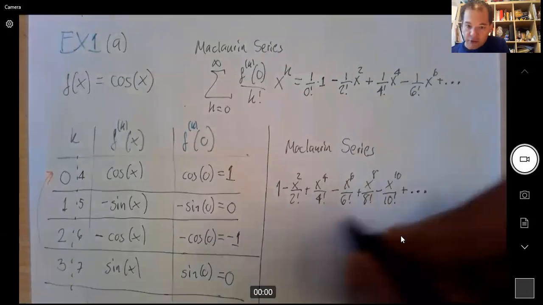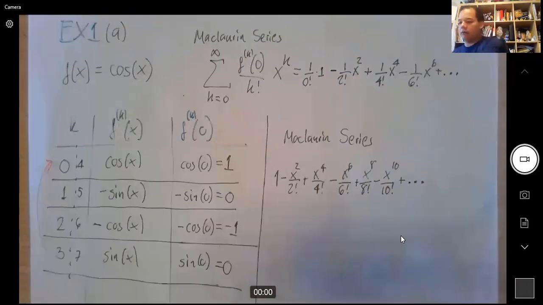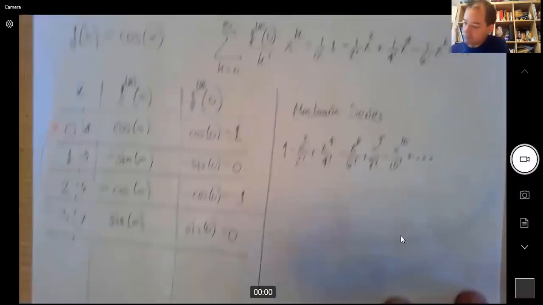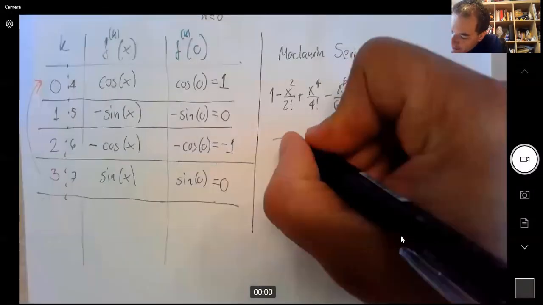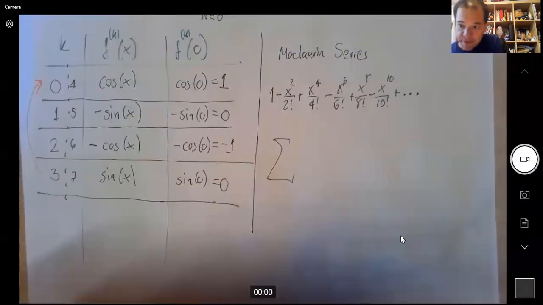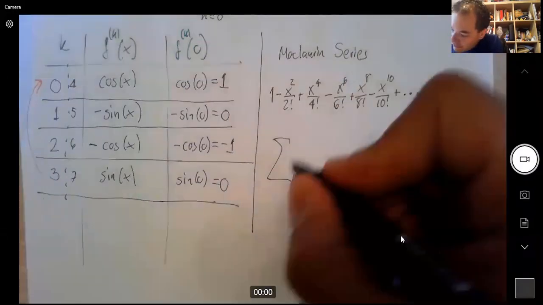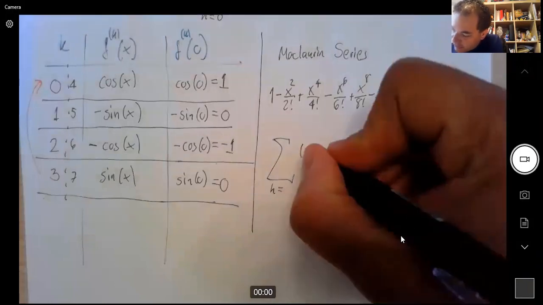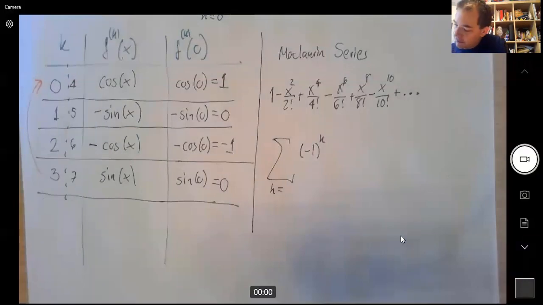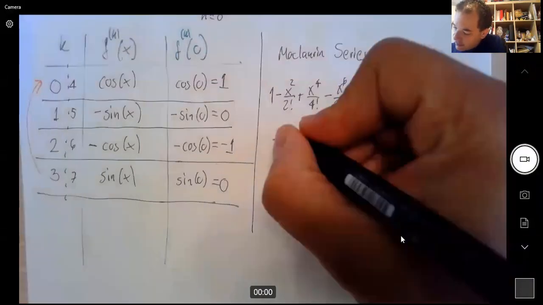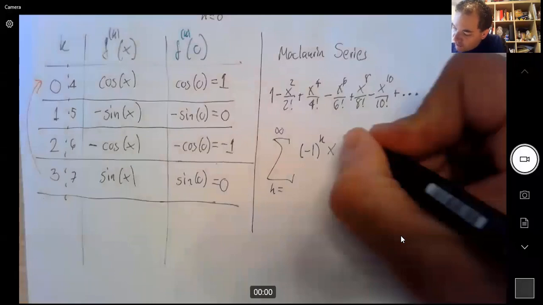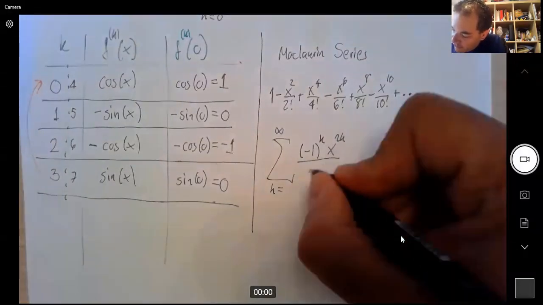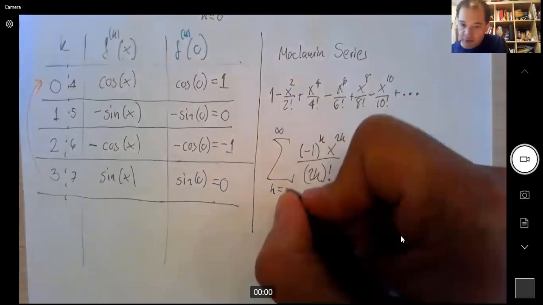So the way to write it is as follows: the sum, it will be negative 1 to the k, that's the part that alternates signs, x to the 2k, so that we go over the even numbers, and then divided by 2k factorial, from k equals 0 to infinity.